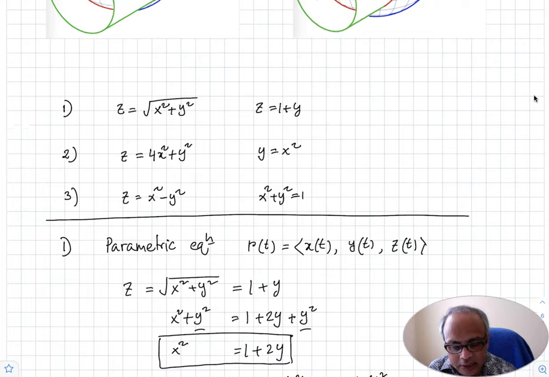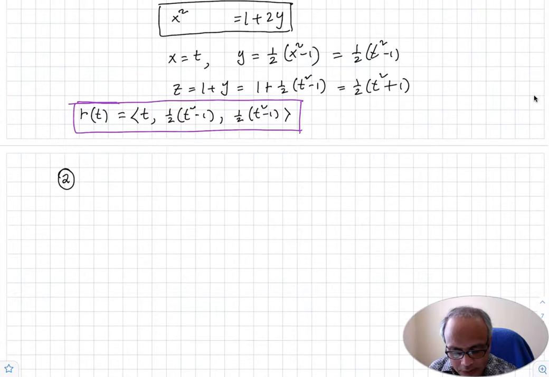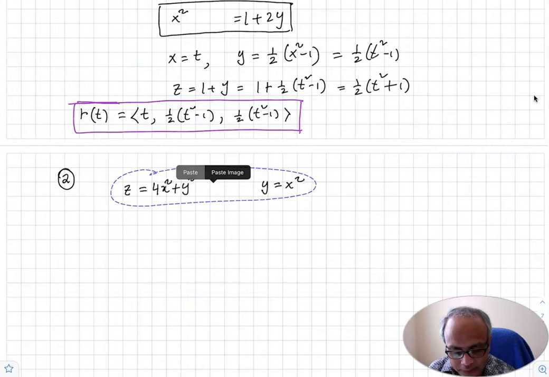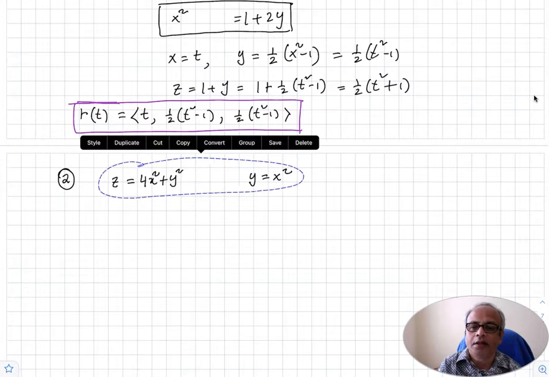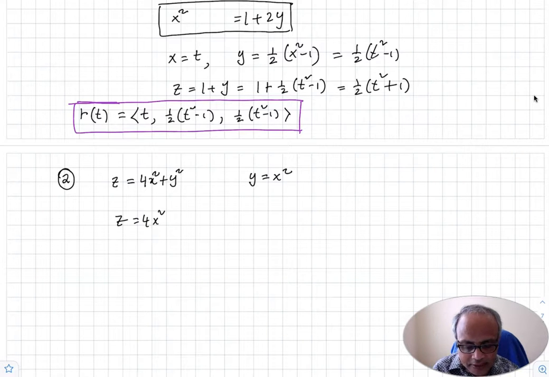So the second example, the equations are, let me just copy down the equation for clarity. So you can approach the same way. So this time z equals 4x square plus y square.